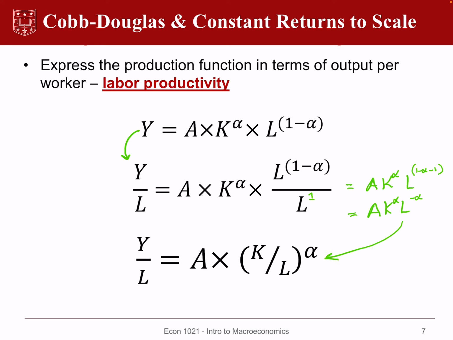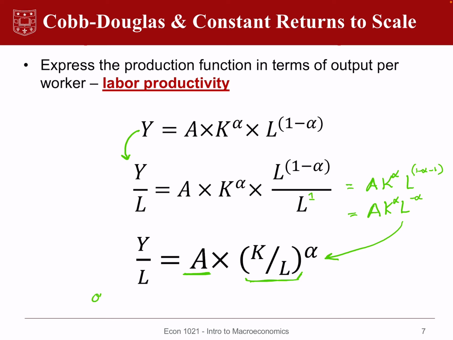And so what we can see is that output per worker, labor productivity, income per worker, is going to be related to this parameter of technological progress and capital per worker. And we'll add in here, just by way of conversation, the relationship to human capital per worker.